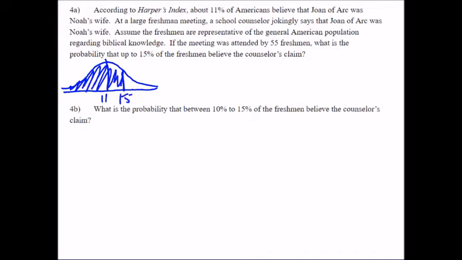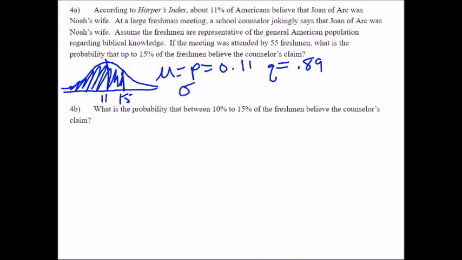Now, we're dealing with a proportion because it's a percentage here. So the P is 0.11, which means that the Q, the opposite of that, would be 0.89. The mu would also be this 0.11.